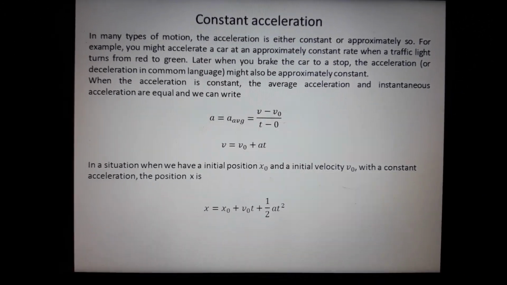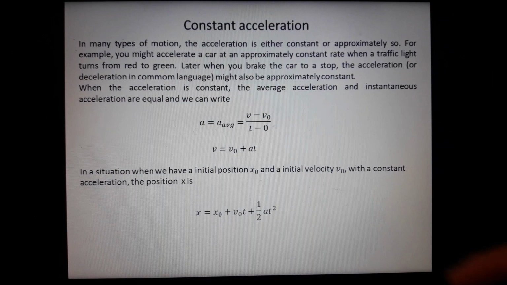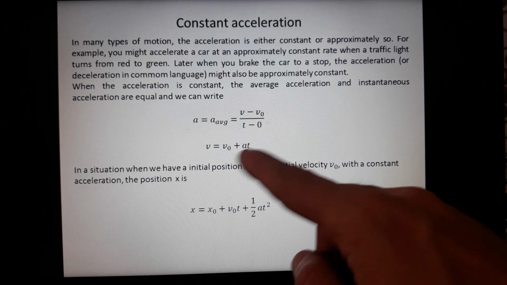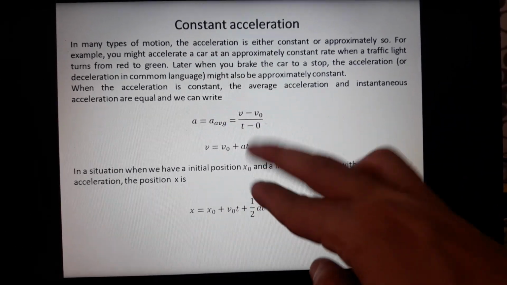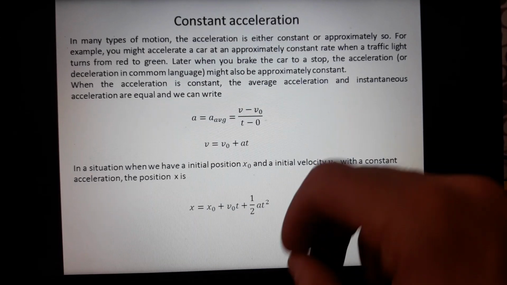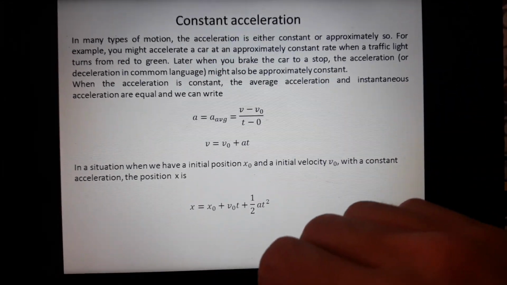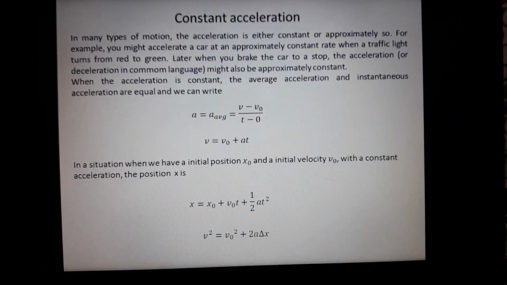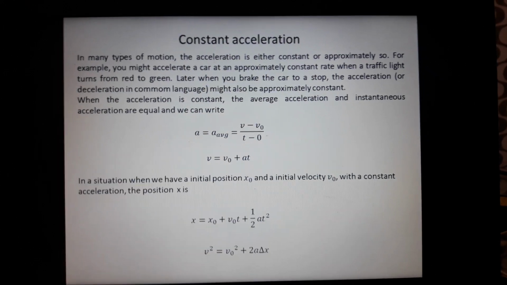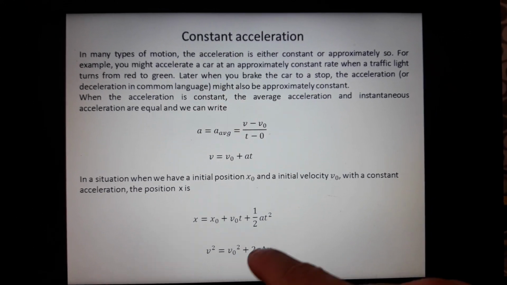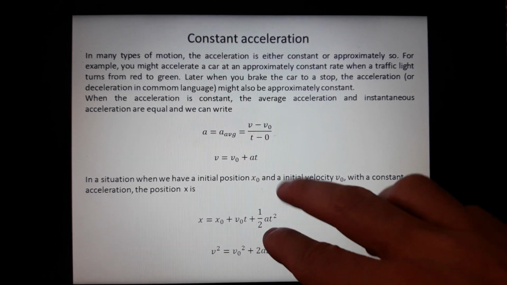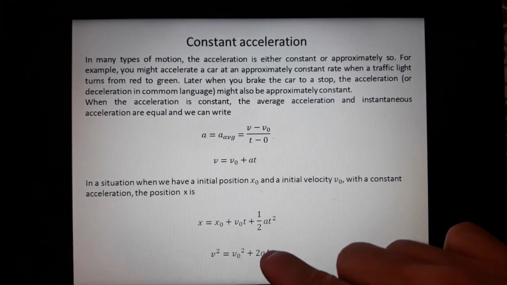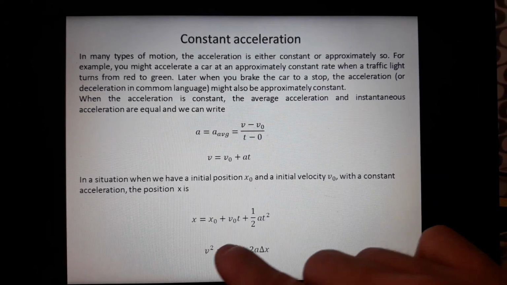If we do some manipulation, we can put these two formulas together and eliminate the time, and we have this kind of formula. It's not our goal to show it here; you can find it on the internet. It's possible, using these two formulas, to find this formula that doesn't depend on time.